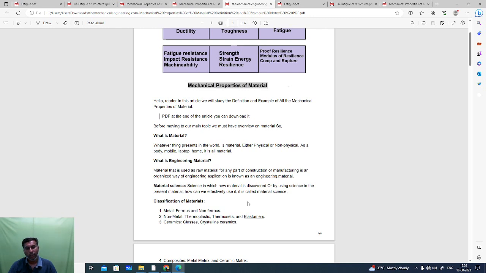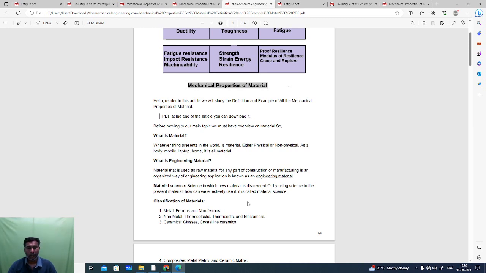Next, how the materials are classified. There are three main categories generally: metal, non-metal, and ceramics. Metals are first classified into ferrous and non-ferrous materials.